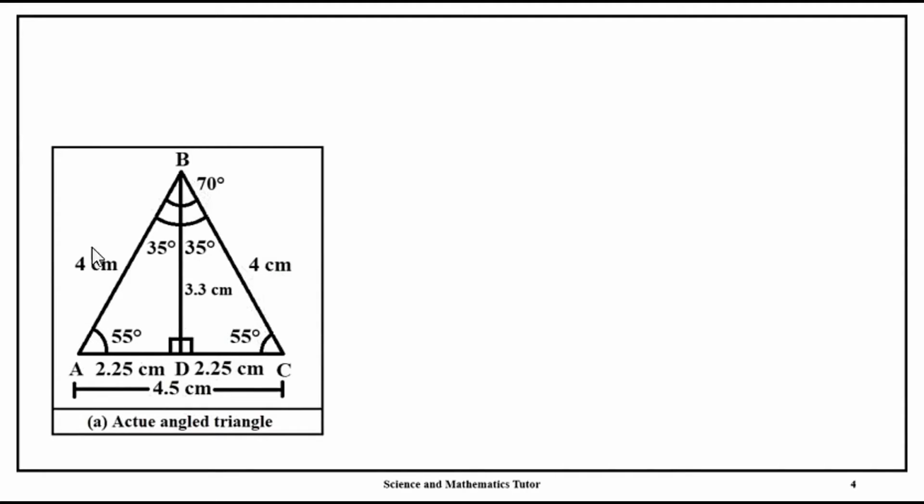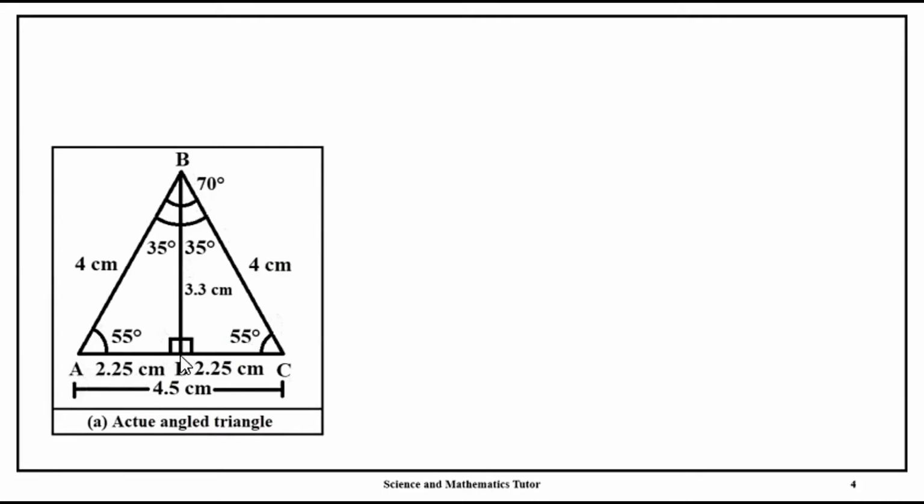When we draw a line from one of its vertices, that is B, perpendicular to its base, that is AC, we can divide this acute angle triangle into two right angle triangles, that is triangle ABC is divided into triangle ADB and triangle BDC.